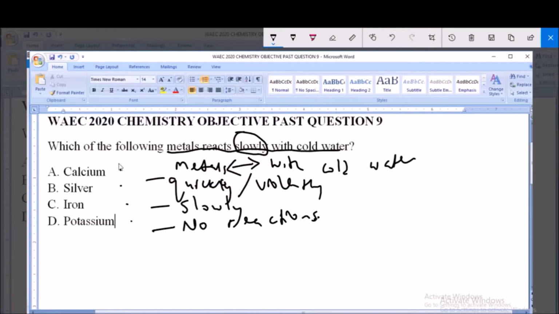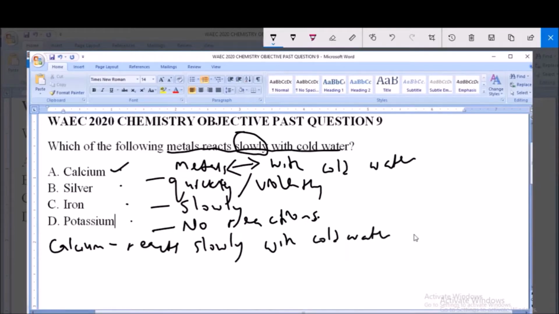Now option A, which is calcium, reacts slowly with cold water, and the products of this reaction are calcium hydroxide and hydrogen. So calcium reacts slowly with cold water, which is one of the reactions here.